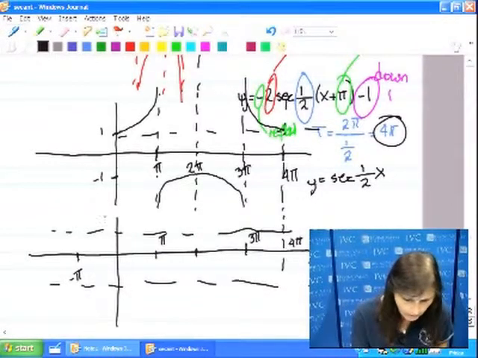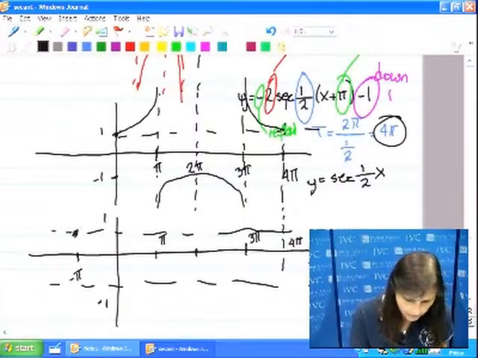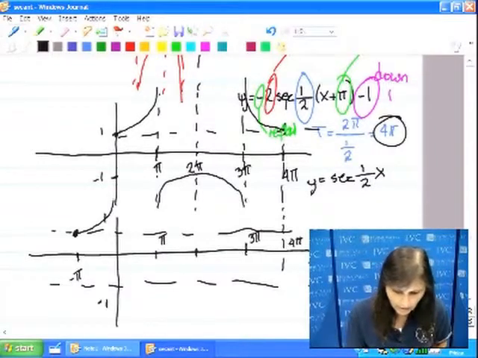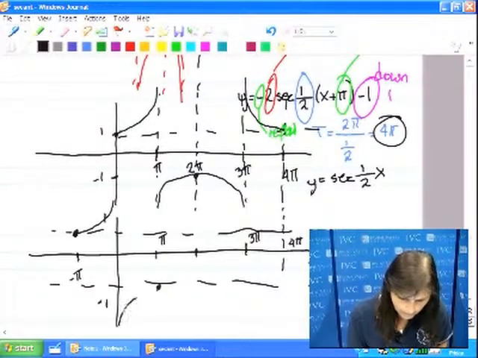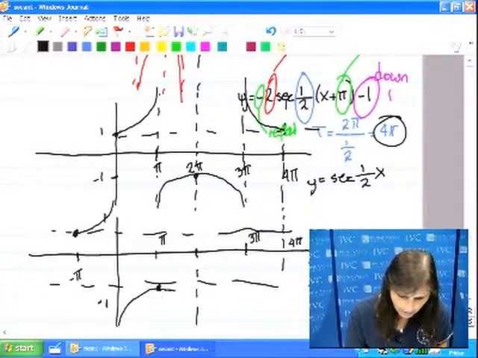Here's 1 and negative 1. The pi is going to move to 0. The middle used to be at 2 pi, so it's going to be at pi. This used to be at 3 pi, and it's going to be at 2 pi.